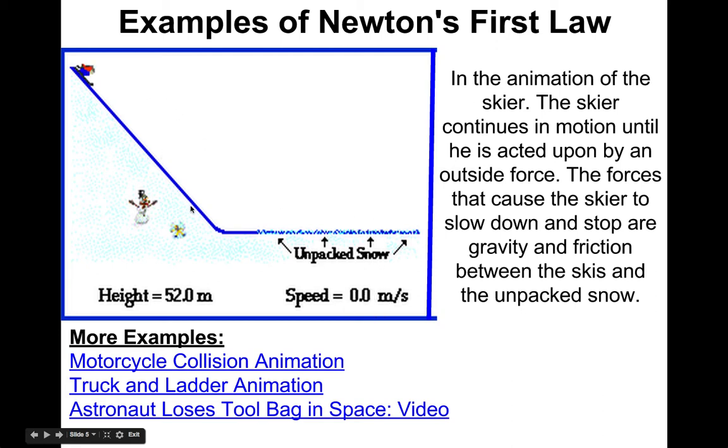If you watch his speed coming down the hill, you'll see it's increasing, and it's still increasing. When we get here, it starts to decrease. He's now at the bottom of the hill, and we've got all this friction from the unpacked snow.